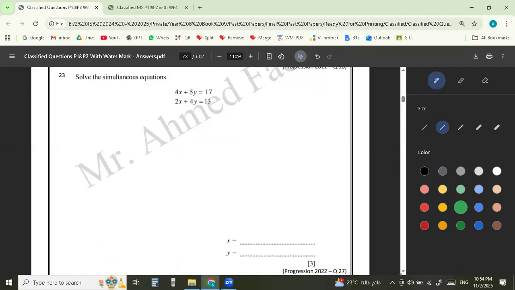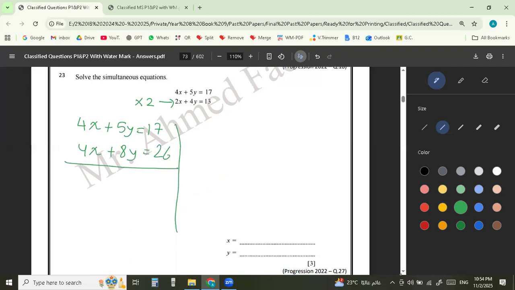Solve the simultaneous equations. I'm going to multiply this by 2. So it is going to be 4x plus 5y equals 17. And the other one is 4x plus 8y equals 26. What are we going to do?